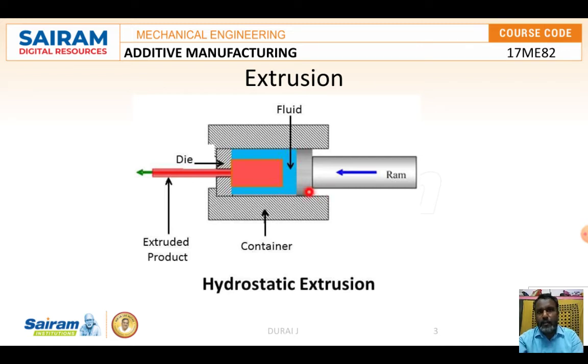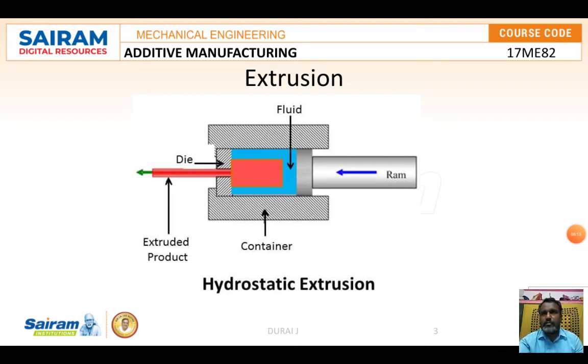The compacting pressure is applied by a piston or screw. Fine powder requires higher pressure than coarse powder in extrusion. It is used because of the joints, as more joints occur, which are fractured and welded repeatedly during the process. Okay, here it will be shown as a hydrostatic extrusion.